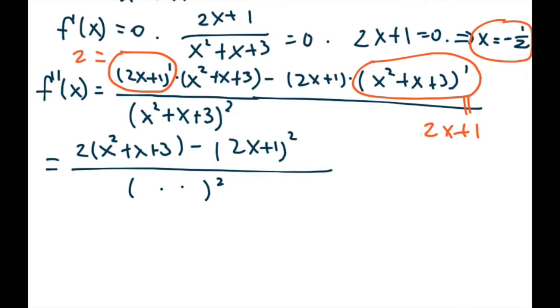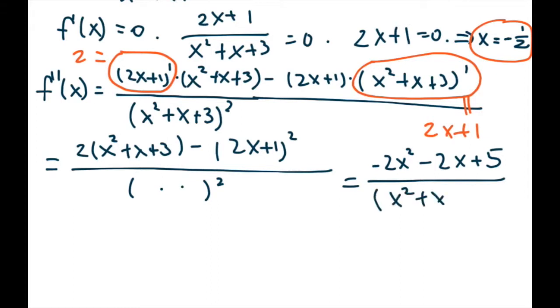And if you expand this out, the numerator is -2x squared minus 2x plus 5 over x squared plus x plus 3 squared.